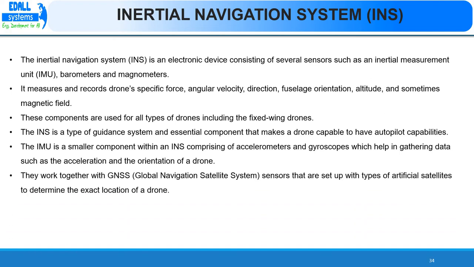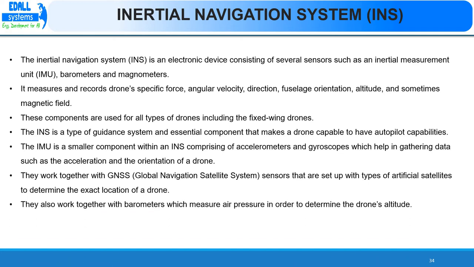The inertial measurement unit and inertial navigation system work together with global navigation satellite system sensors that are set up within artificial satellites to determine the exact location of a drone. The inertial navigation system and inertial measurement unit work together with barometers which measure the air pressure in order to determine drone's altitude.